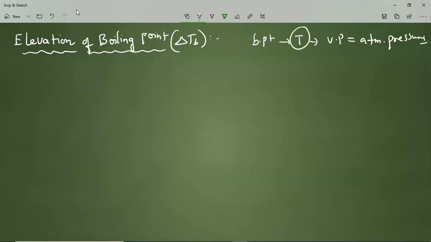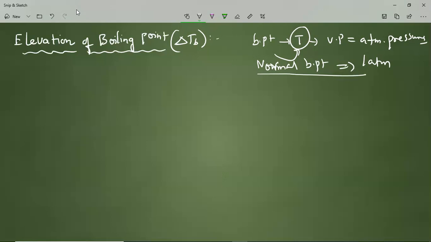That temperature is called the boiling point. When the atmospheric pressure is 1 atmosphere, then that boiling point is called the normal boiling point.